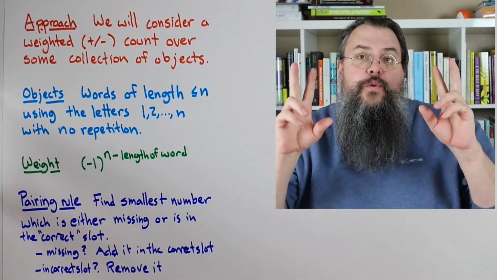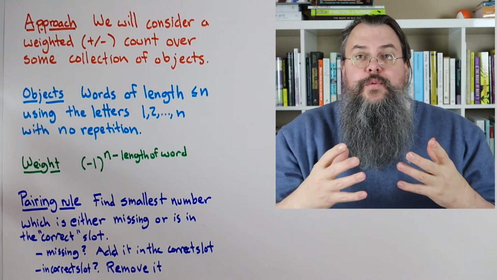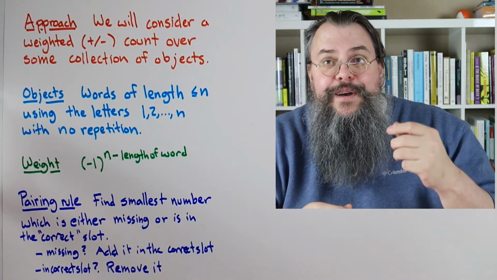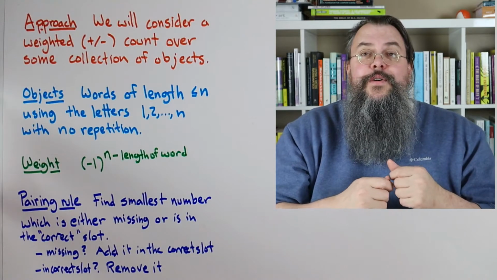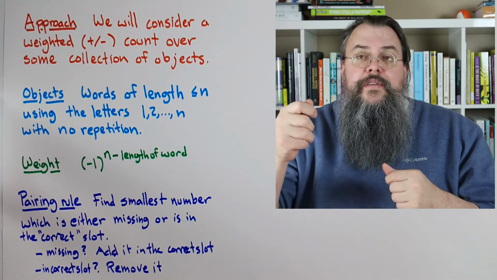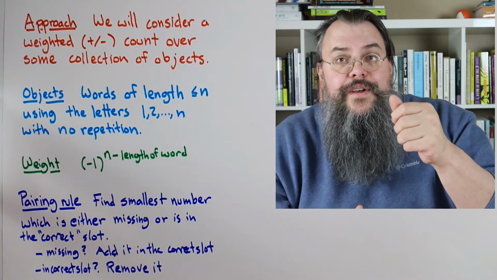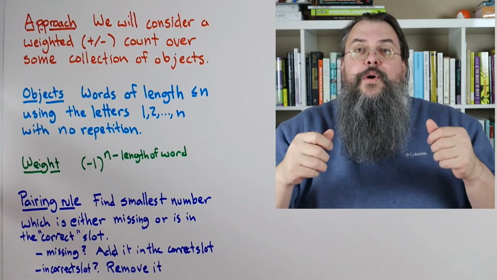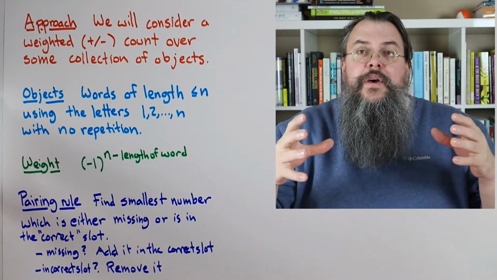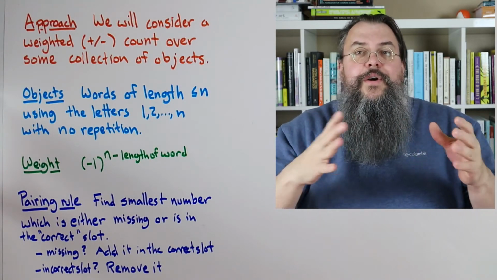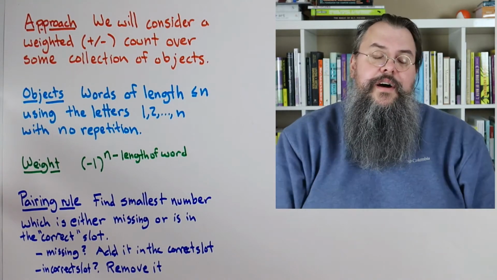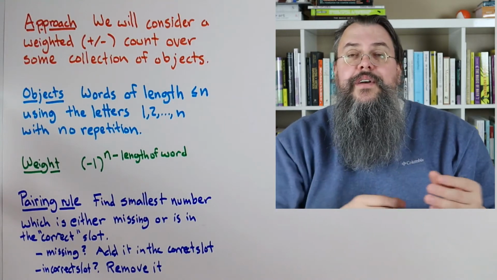But we can also weight things. In our case, when we talk about a weight, we're going to talk about things like a plus or a minus. Something that's a plus makes our count go up. Something that's a minus makes it go down. So when we tally it all up, we're really asking what's the net difference between the objects that are positive and the ones that are negative.